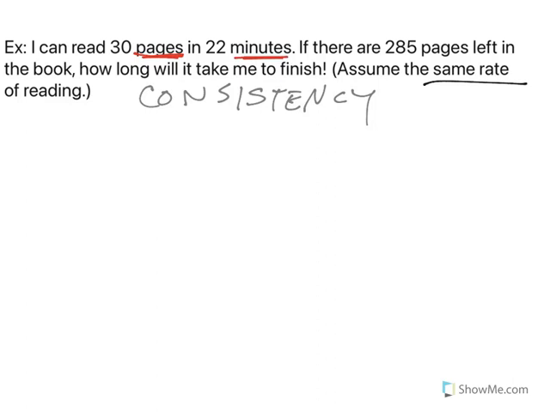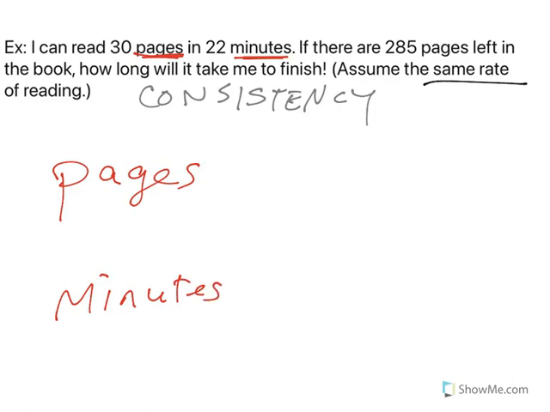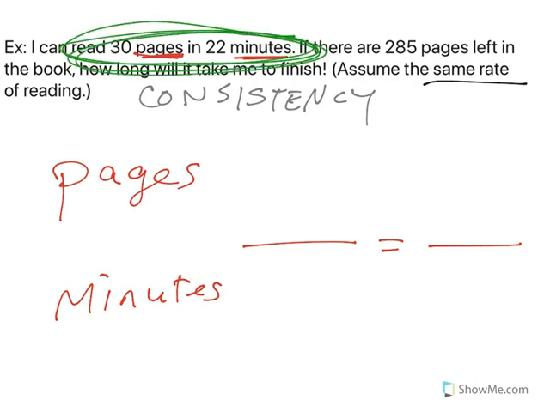I am a big vertical person, so I want everything in the numerators to be pages and everything in the denominators to be minutes. And then we think about our groupings. The grouping is I can read 30 pages in 22 minutes. That means 30 pages goes with 22 minutes. So 30 pages, 22 minutes.